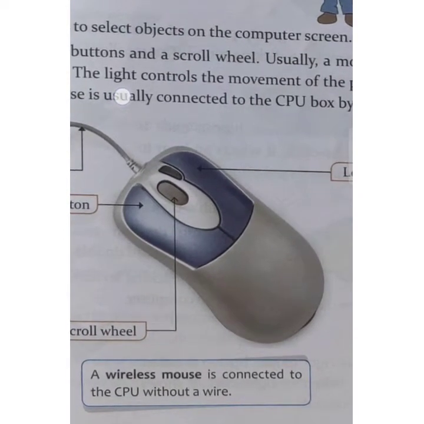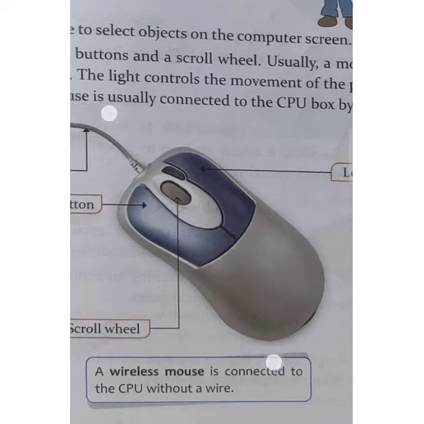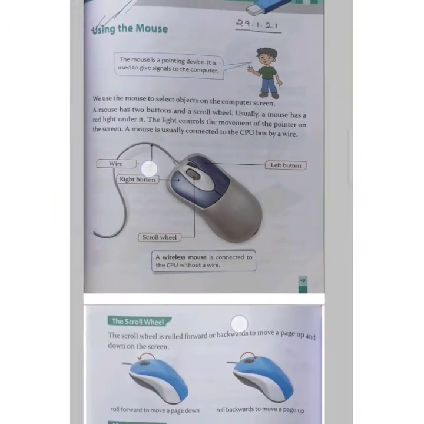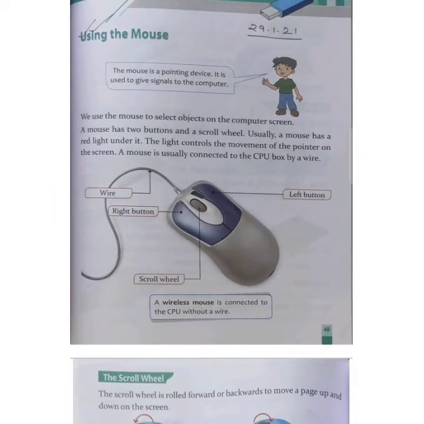A mouse has two buttons, a left button and a right button, and in the middle it has a scroll wheel which moves the page up and down on a computer, and it has a light that controls the movement of the pointer on the screen.